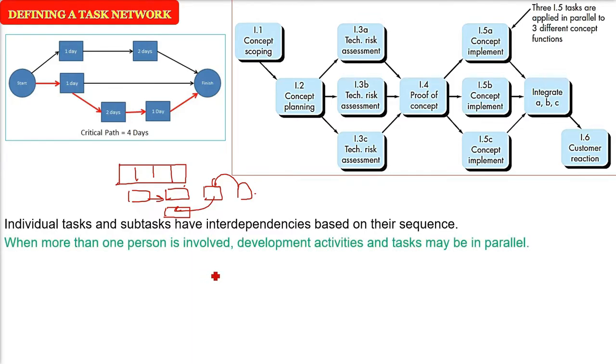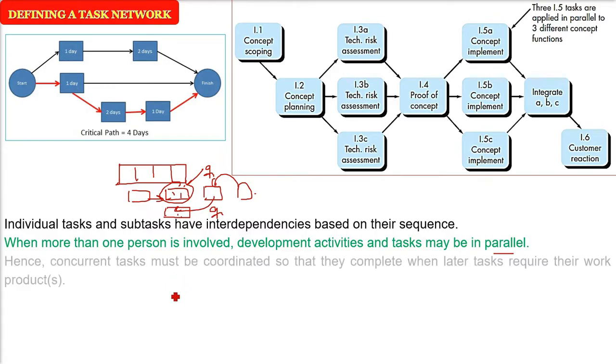So individual tasks and subtasks have interdependencies based on their sequence. For example, if two people are given some tasks, when more than one person is involved, development activities and tasks may be done in parallel. Therefore, the concurrent tasks which are going on together must be coordinated so that they complete when later tasks are waiting for the work products produced by the previous tasks.